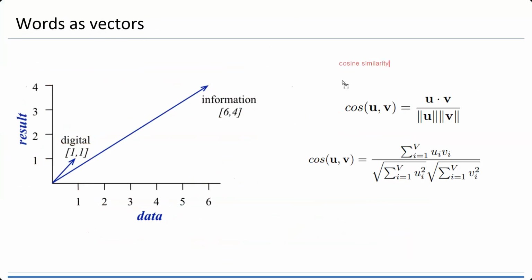We can use the cosine similarity to look at how close the words digital and information are from the perspective of the words result and data. So you can have 6 multiplied by 1, and so on. So we can look at the similarity based on the distance.